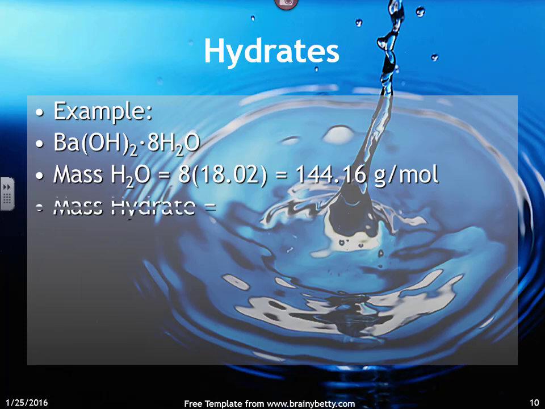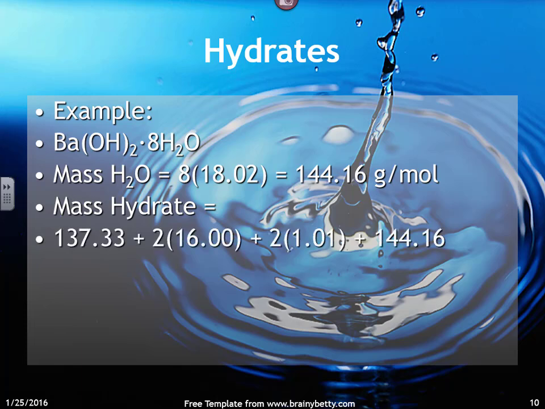Then you need to find the total mass of the hydrate. So you would have 1 barium, that's 137.33, plus 2 oxygens. Remember, it's got to be 2 because the 2 on the outside of the parentheses gets distributed to what's on the inside.